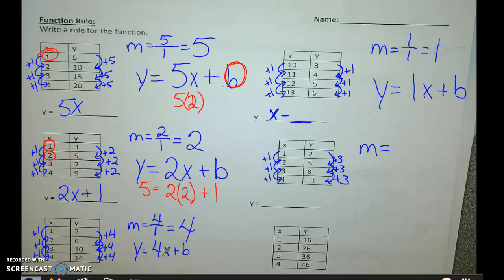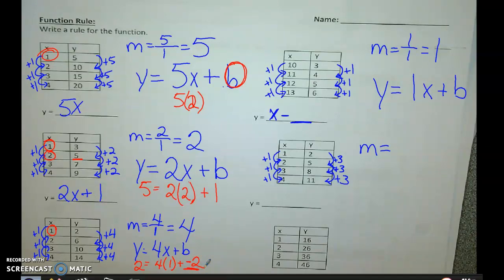We've got to figure out, do we need a b? So I'm going to substitute. I'm going to put that 1 in. If I have 4 times 1, what do I need to do to it to get to a 2? Well, 4 times 1 is 4. To get from 4 to 2, I'm actually going to have to do a minus 2.